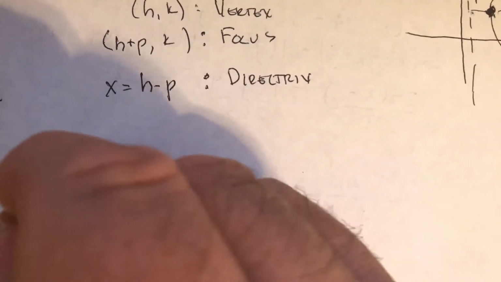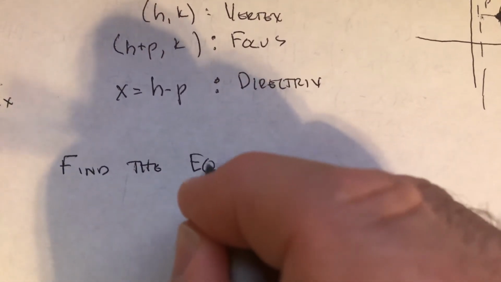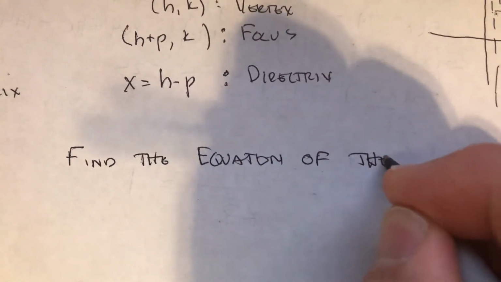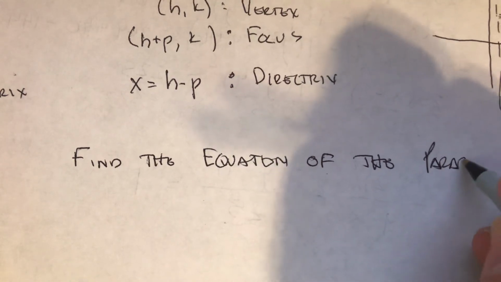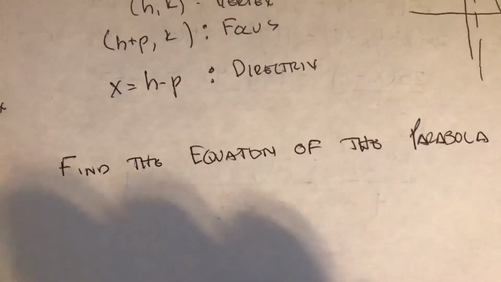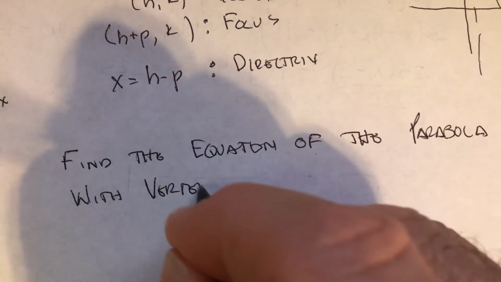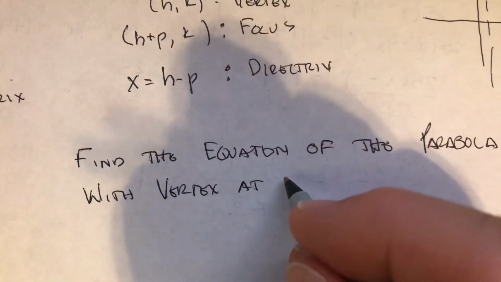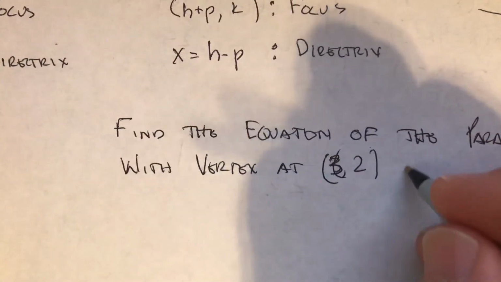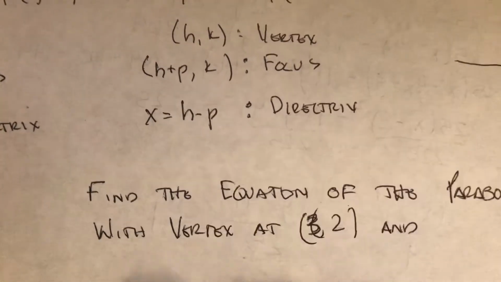All right, here's an example. Find the equation of a parabola with vertex at (3, 2) and focus (1, 2).